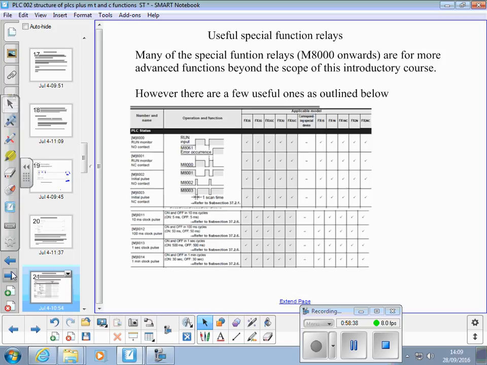So we used a counter to do a timer function by using one of these clock pulses to pulse the counter. So you might find use for them, and all the rest are in the GX or FX series programmer manual.